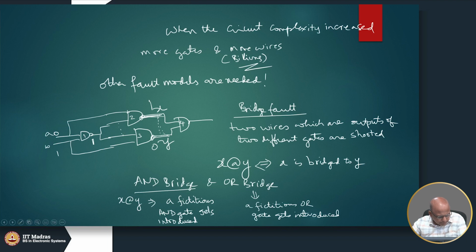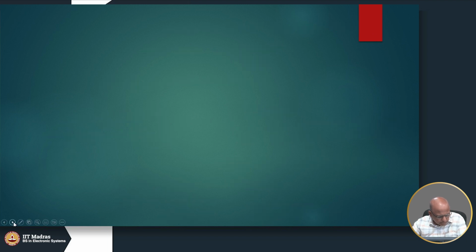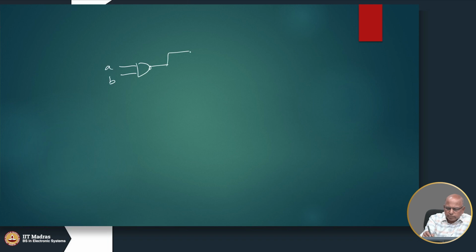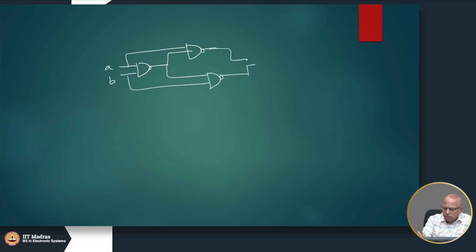In our example, this is what our example was: A, B, then we had NAND gates. If there is an AND bridge between these two, it's as though there is a fictitious AND gate.